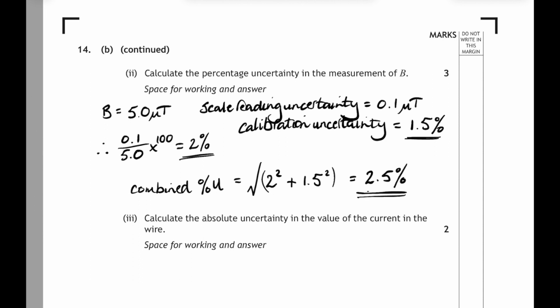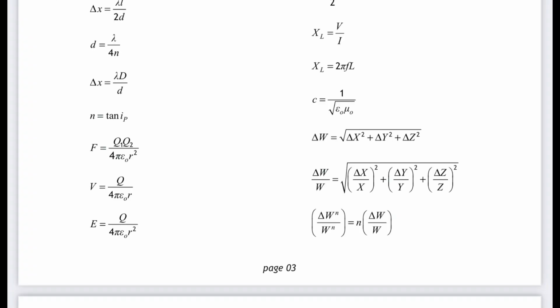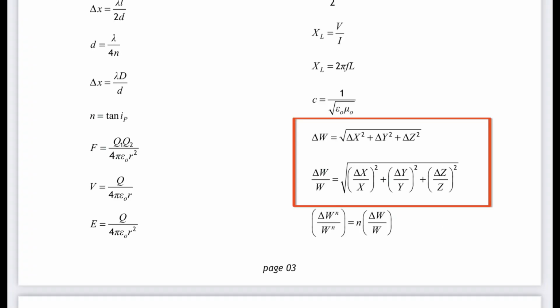If you're looking for the relationship to do combinations of percentage uncertainties, then they're on the bottom of page 3 on your relationship sheet. You've got a choice of 2 there. I always use the simpler version, but always use percentage uncertainties in that calculation. The second relationship is where you would sub in the uncertainty divided by the measurement itself. It's a bit more clunky, but you'll get the same answer.